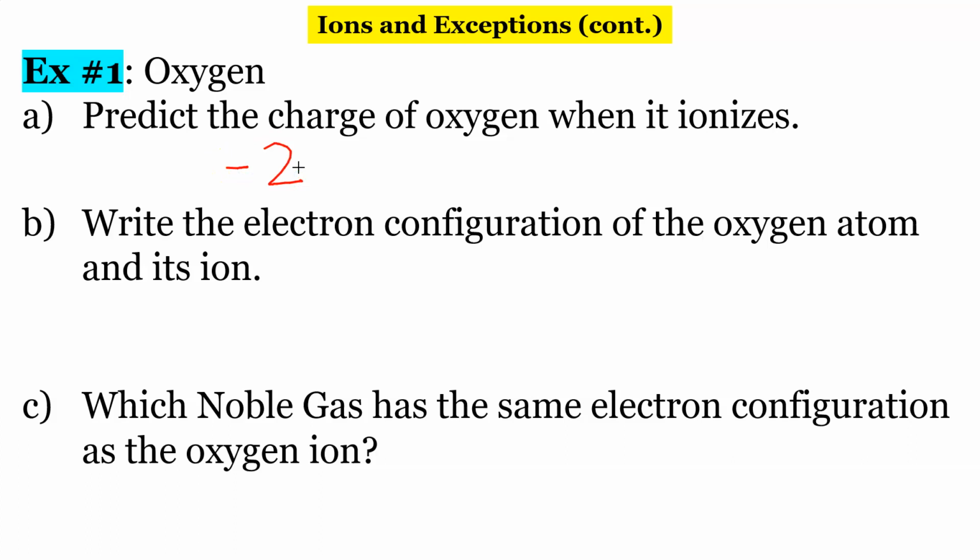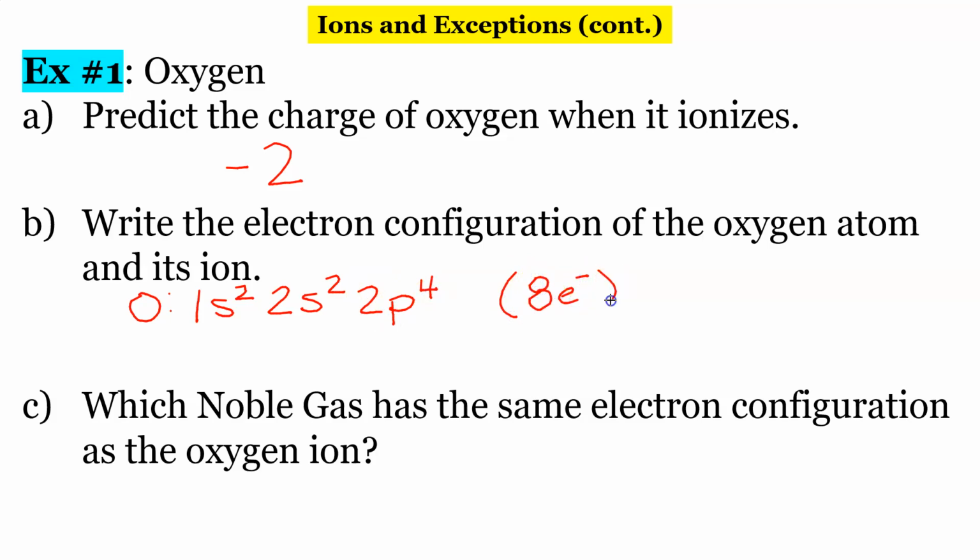It says write the electron configuration for the oxygen atom and its ion. So oxygen normally, its electron configuration is 1s2, 2s2, 2p4. So it has 8 total electrons.